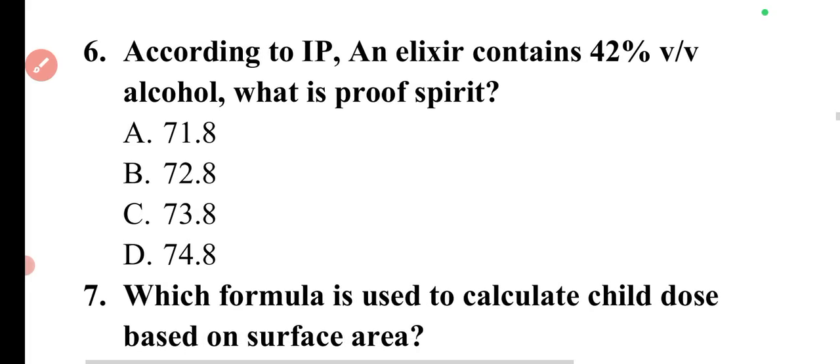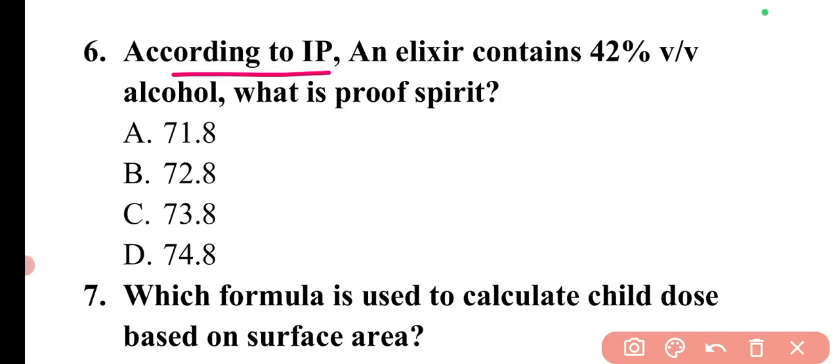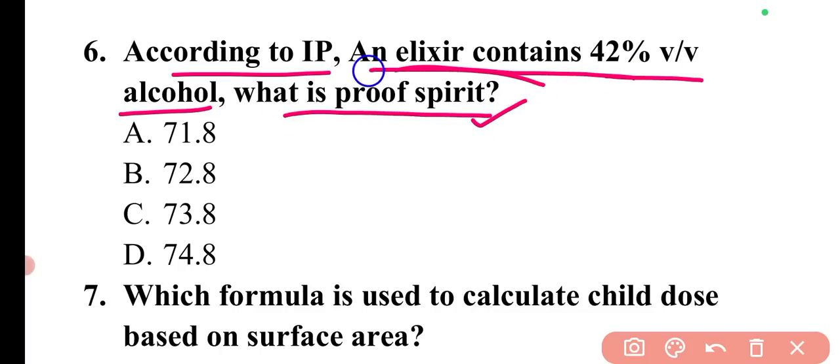So the question is, according to IP Indian Pharmacopoeia, an elixir containing 42% volume by volume alcohol, what is the proof spirit? So this is the question regarding the proof spirit. Very simple formula is there for proof spirit. We have the quantity of alcohol, that is 42% volume by volume, and we need to simply find out the proof spirit as per the Indian Pharmacopoeia.